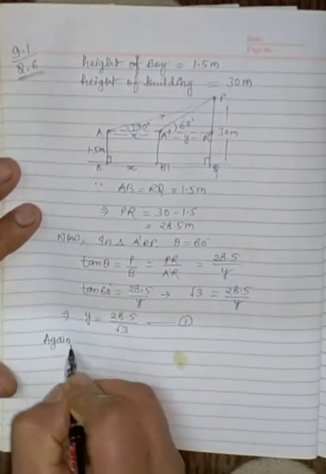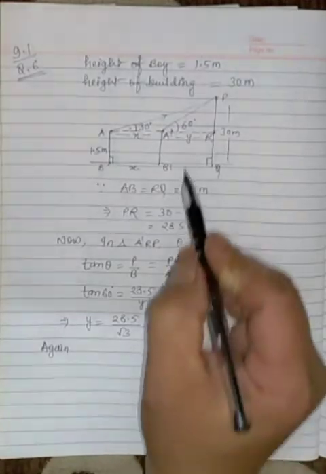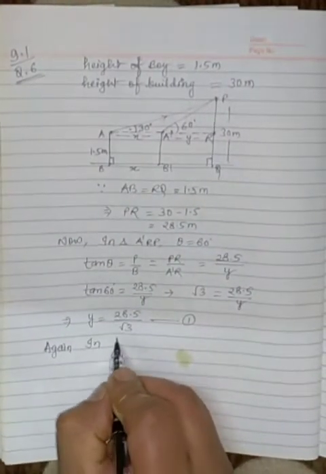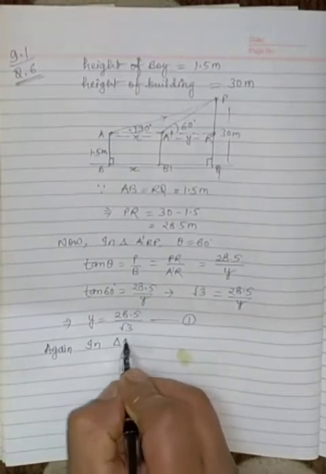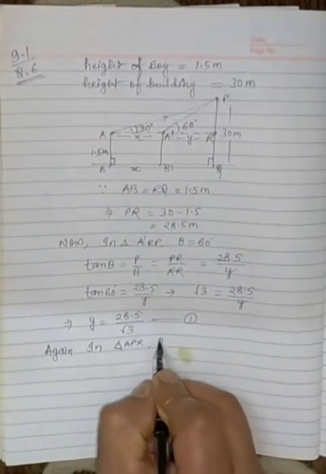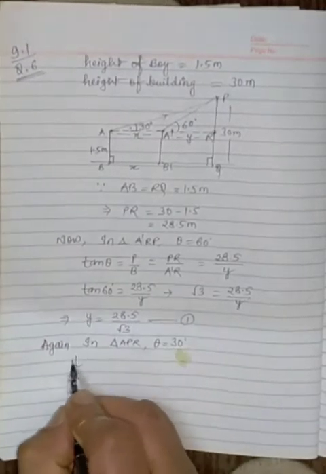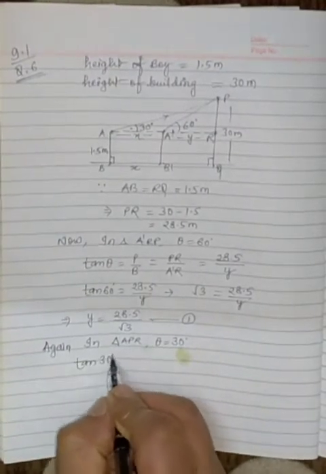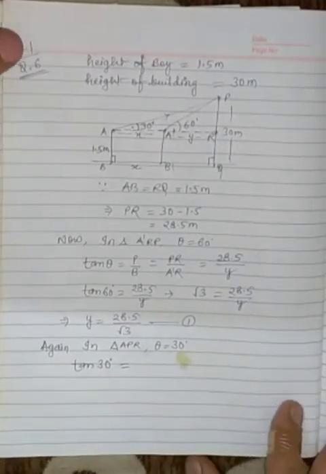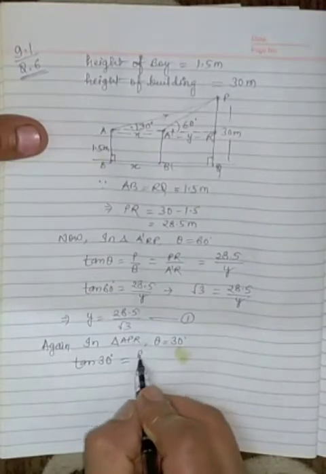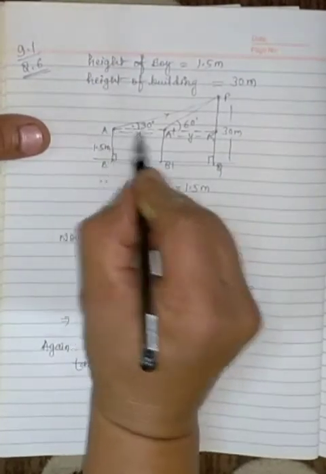Again, now we will take triangle APR. In triangle APR, where theta is equal to 30 degree, we will use tan 30 degree is equal to perpendicular PR upon base AR.